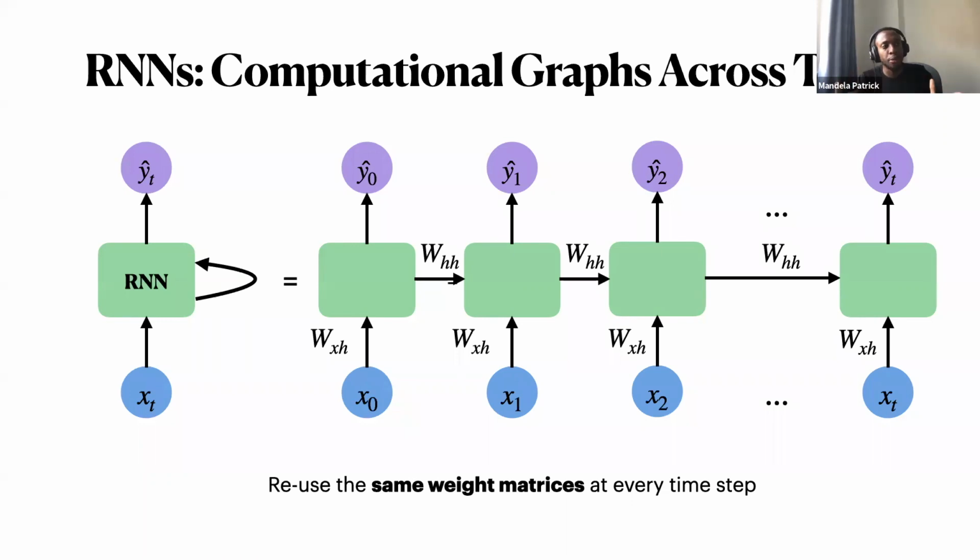Secondly, because we share the parameters, it's able to model the interdependencies of different tokens at different parts of the sequence. And because we do it in a sequential manner, it also factors in the order of stuff in a sequence. While, for example, the regular or vanilla neural network that we looked at yesterday just takes some input and maps it to some output, it doesn't factor in time, it doesn't share parameters across a sequence.